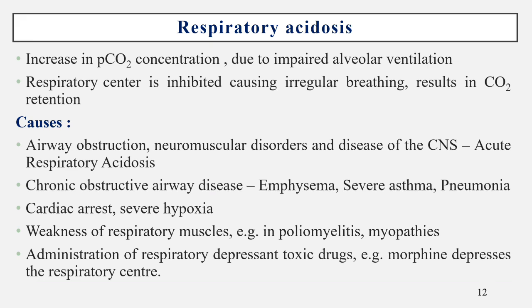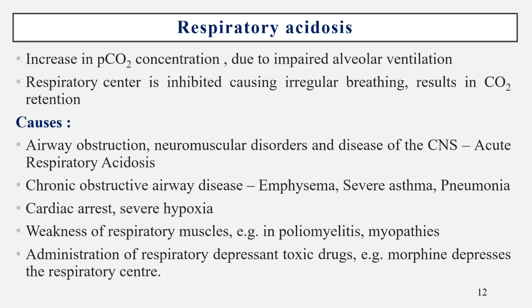Causes of respiratory acidosis are airway obstruction, neuromuscular disorders, and diseases of the central nervous system. Obstruction of the respiratory tract may occur in pneumonia, emphysema, asthma, etc., and cardiac arrest due to severe hypoxia, and weakness of respiratory muscles seen in poliomyelitis and myopathies.